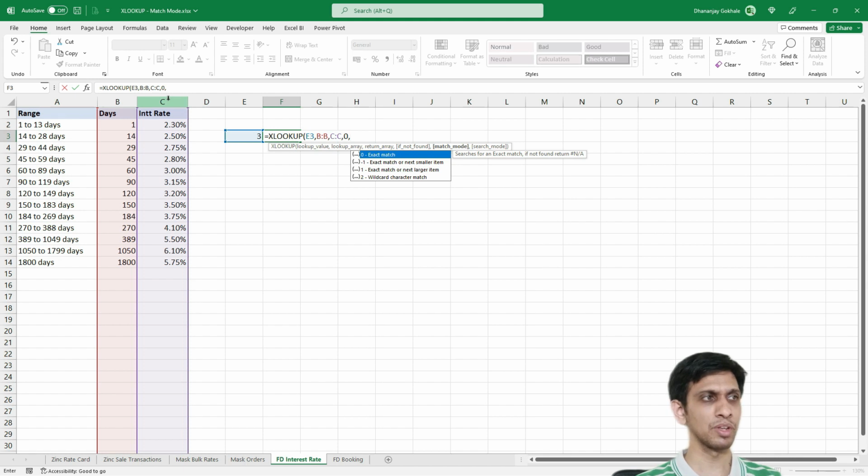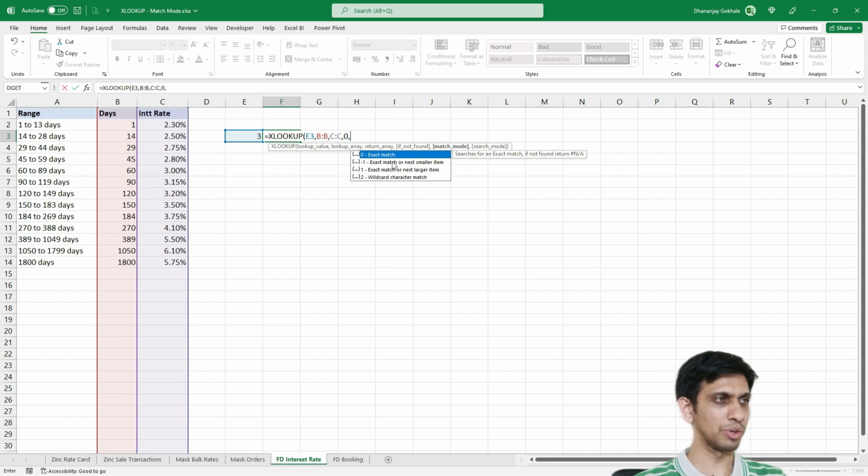Now this one is very important: match mode. As you know, exactly 3 days is not written here. So if exact 3 days is not found, then it should take the interest rate for 1 or 14, the nearby one. This is the direction of matching.